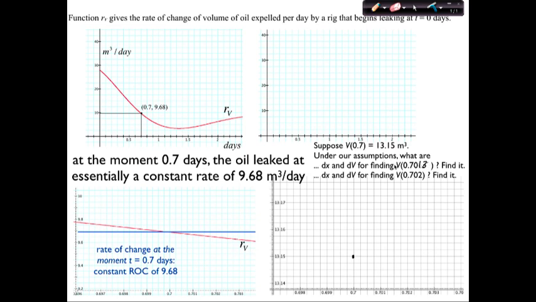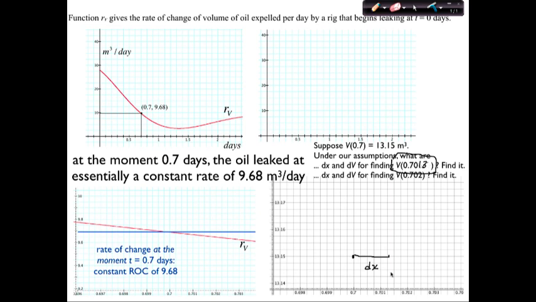And then we want to find the volume at 0.7013 days. What are dx and dv in this case? So what is dx? The change in x is 0.0013, which I think is about right there. That dx is horizontal because our x is our horizontal coordinate.